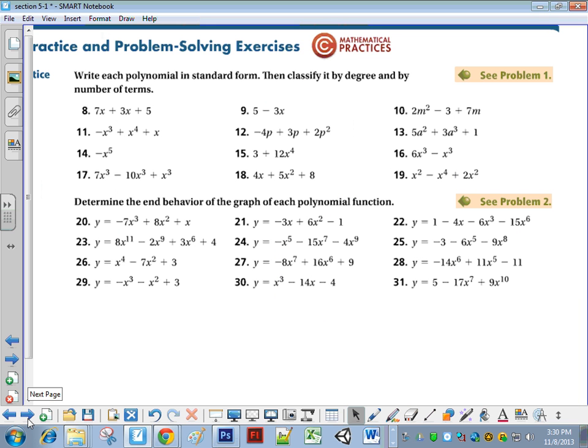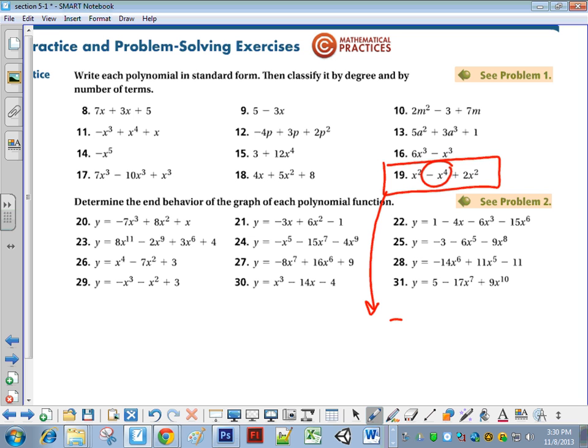Now these are a couple things we're going to do for our assignment. Okay, we're going to rewrite things in standard form and classify it by degree. I'll pick out one random one on here. Let's say I go to number 19. I'll rewrite that in descending order. The highest power I see here is the x to the fourth, and it's negative.